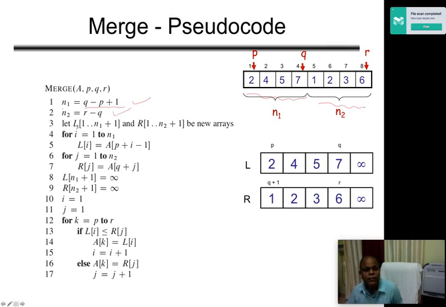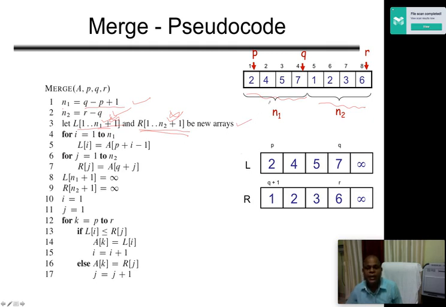Let L be the left subarray and R be the right subarray, whose number of elements they can hold is n1 + 1 for L, that means size is 1 to n1 + 1, and n2 + 1 for R. Why n1 + 1 and n2 + 1? Because at the last we have to place infinity here and infinity here. Hence we have created two arrays, the left subarray and the right subarray.